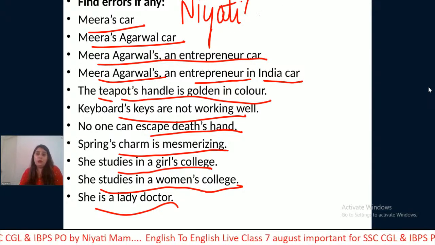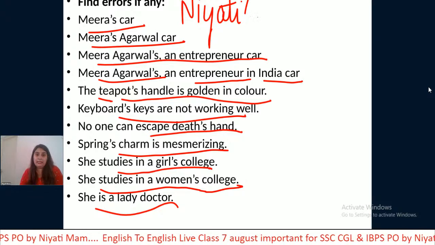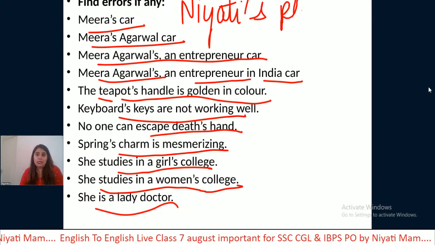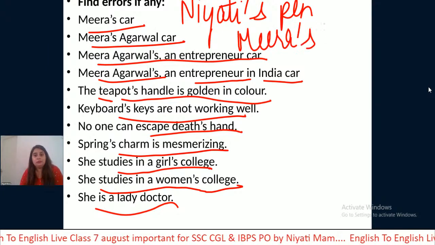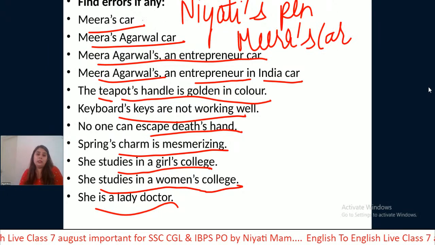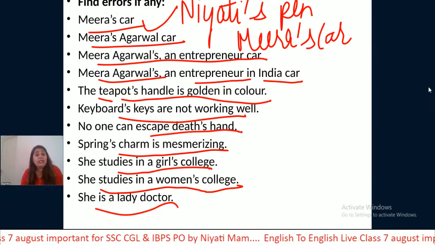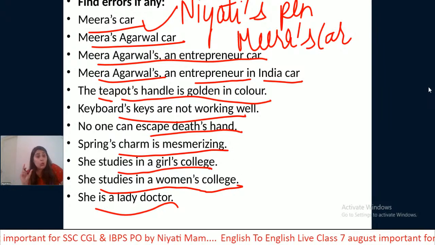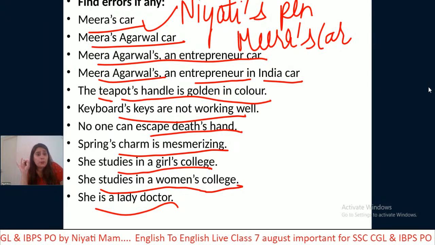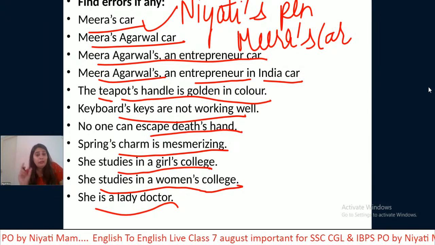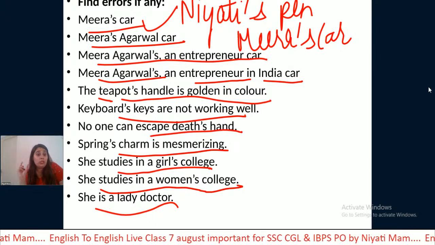This is what we have written on the last slide, Niyati's pen. Similarly, we can write Meera's car. It is totally correct. Meera's Agarwal? No, the whole name is Meera Agarwal, so we do not write apostrophe S with Meera. We would add apostrophe S to the last name.